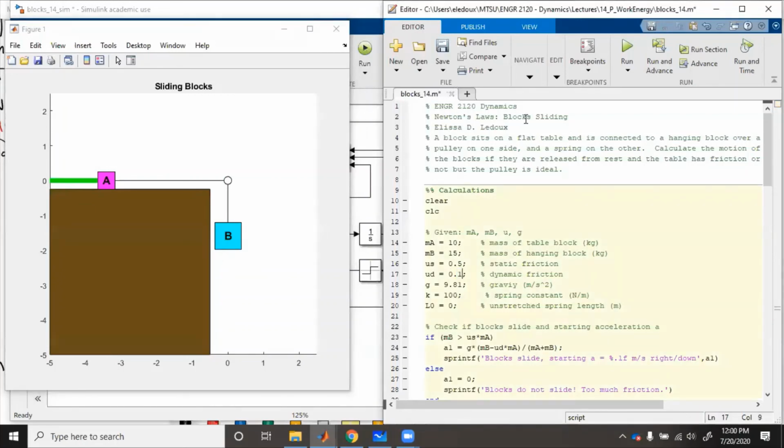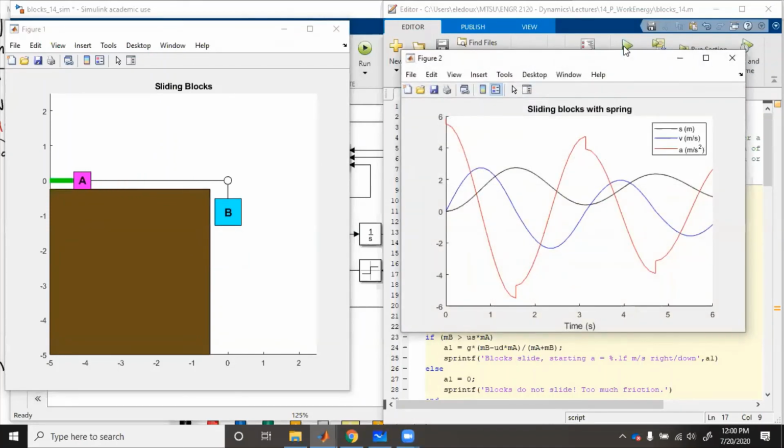What if friction is 0.1? We'll run it and watch what happens. So you can see with less friction, it bounces a lot more, and it's a lot smoother.